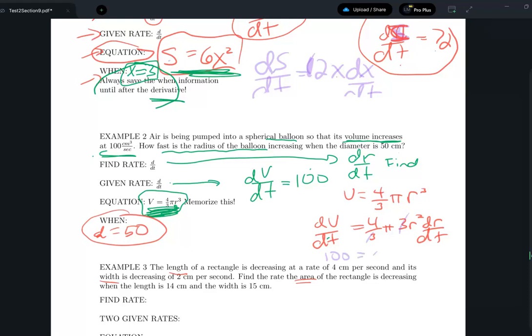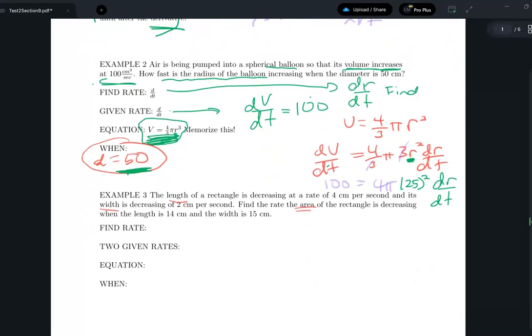100 equals, then I get 4 pi, and what do I know that r is equal to? Now that I've done the derivative, I'm allowed to use the diameter is 50, so I know the radius is 25. Then put in dr over dt, and you just get to divide by everything.